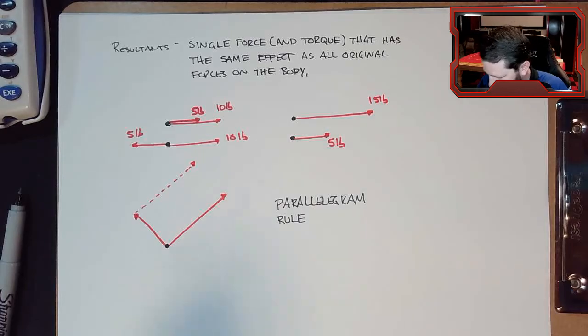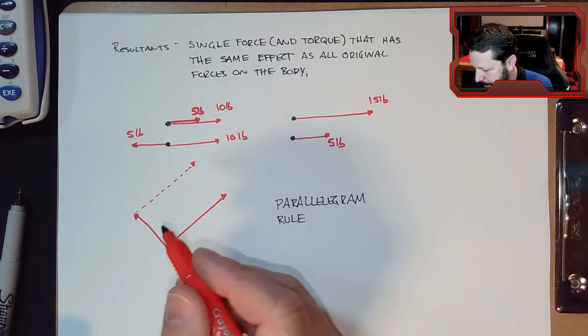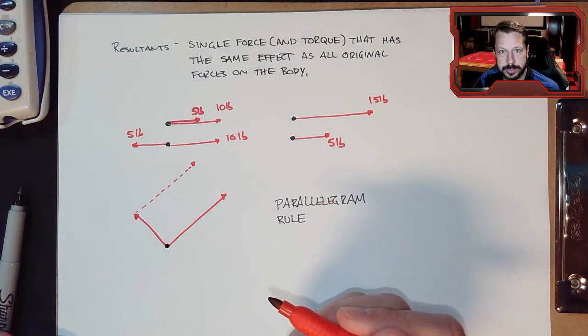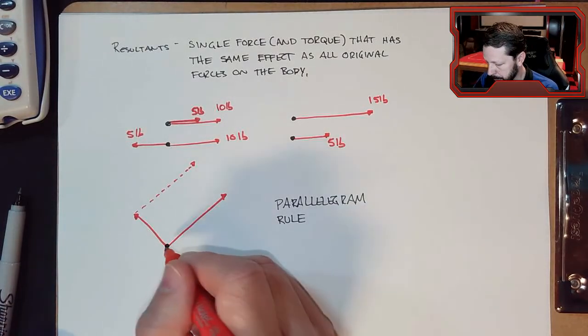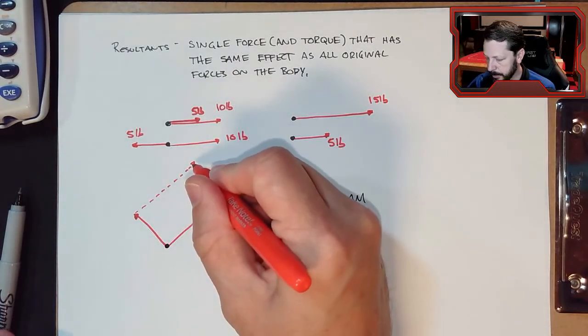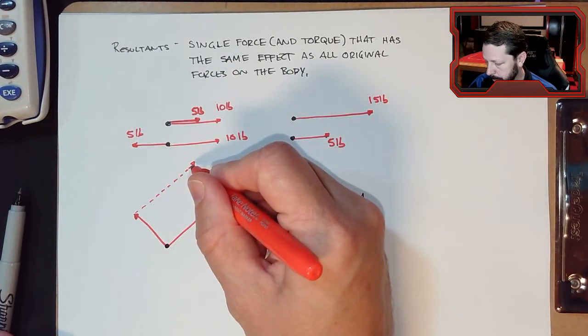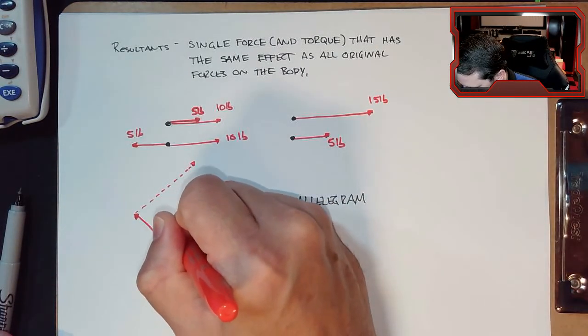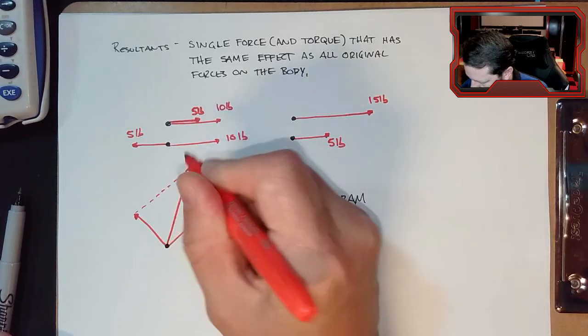The parallelogram rule would tell me that if I took a line from the original origin where these forces started, and drew from there to wherever the last one ended, if I had a whole chain of these, that would be the resultant.